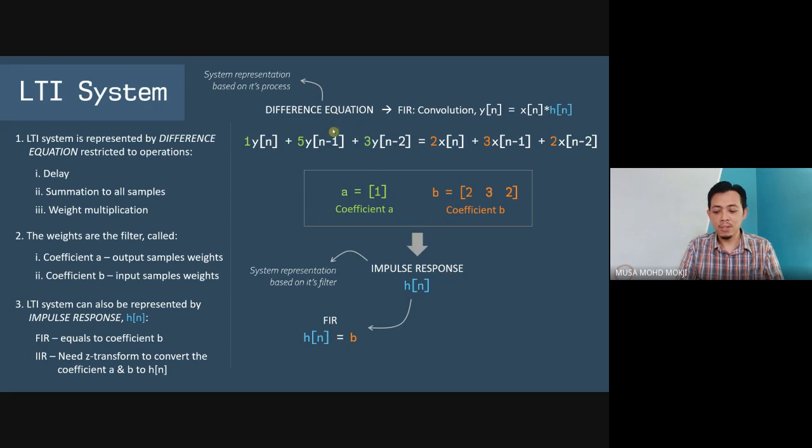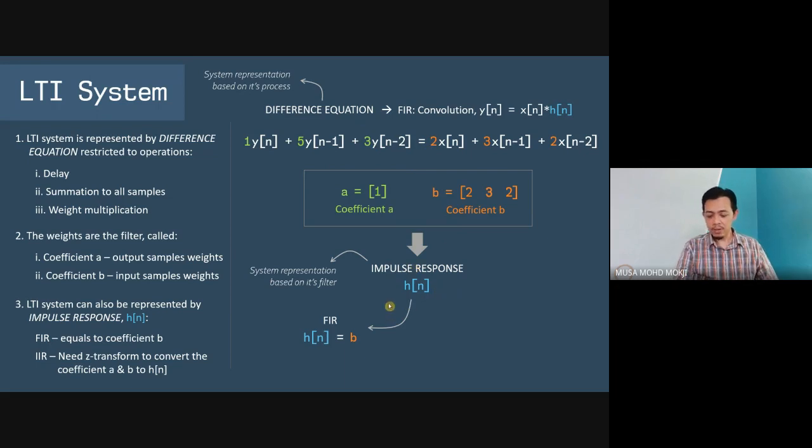What is the difference equation? A representation of an LTI system according to input and outputs. And we will see the process of it. What is the process? Multiplication, delay, and plus. An LTI system can also be represented by impulse response, which we denote as h[n]. This is an equation, and this is a vector.